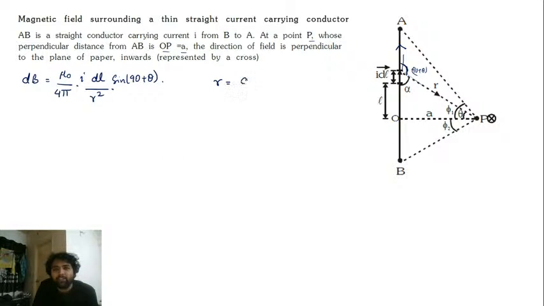R can be written as a into tan. No, r is not a tan theta, r is a secant theta. We can write the r vector and the dl vector in terms of theta like this. If we want to write dl in terms of theta, how will you write it? Length is length, right? Length is r into sin theta. So dl will be equal to r into.